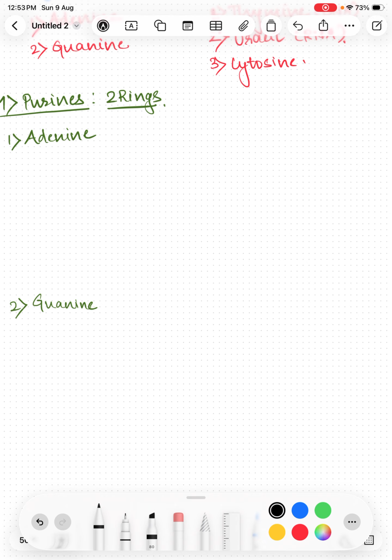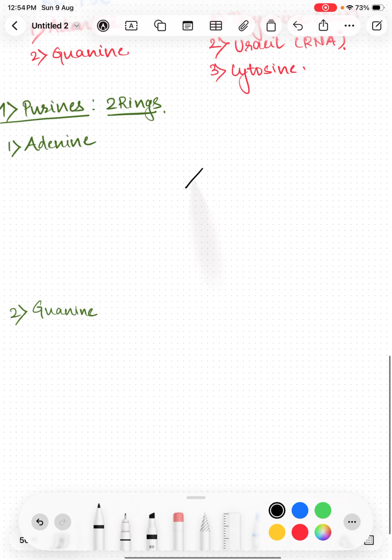So first we will see the general structure of purines. In purines, this is your six carbon ring and this is your 5 carbon ring, and you will number it as 1 2 3 4 5 6 7 8 9.